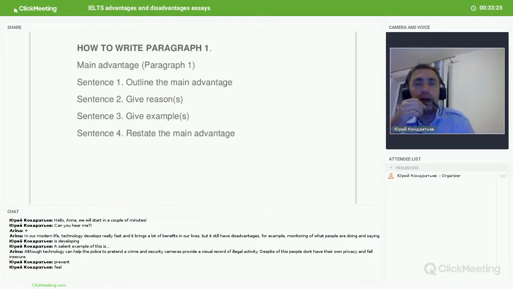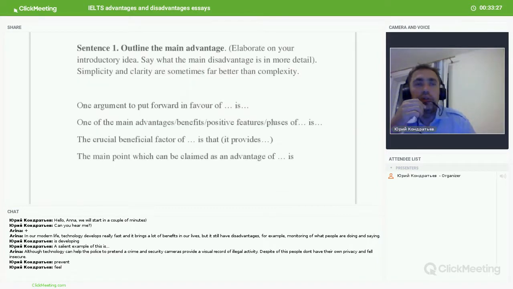So, to outline the main advantage, you should elaborate on your introductory idea, depending on what it was. For example, Irina wrote that although technology can help police to prevent a crime, and cameras provide a visual record of illegal activity.